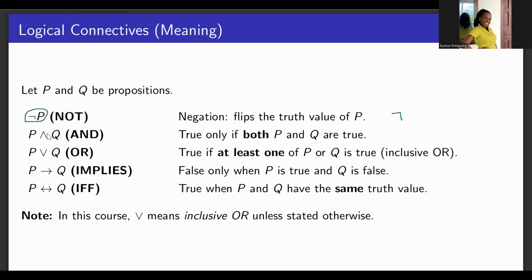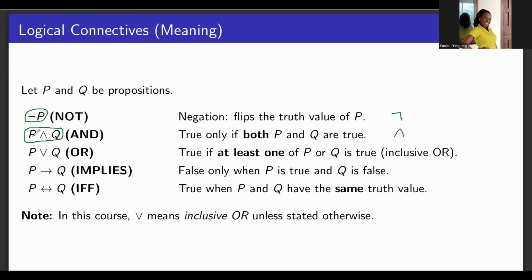Now we have the and, which we write as this. This is and, okay? So we have P and Q. Now, this is a compound proposition.